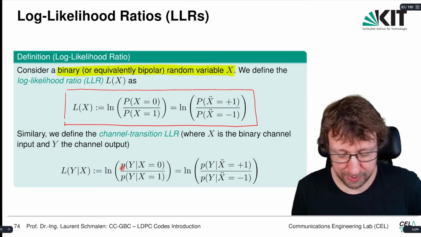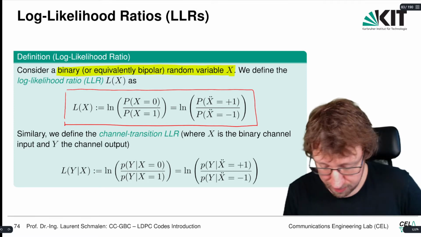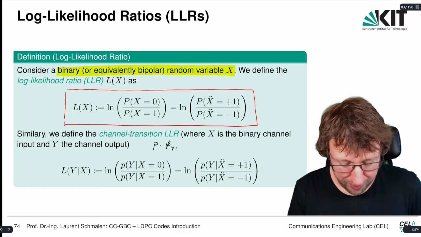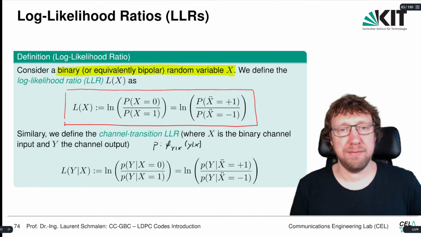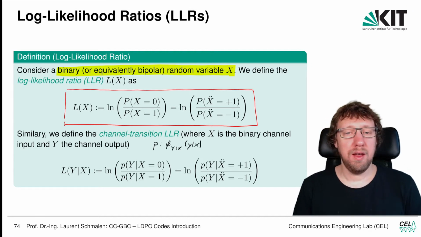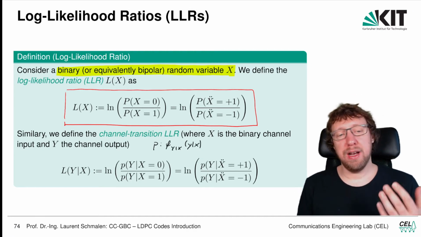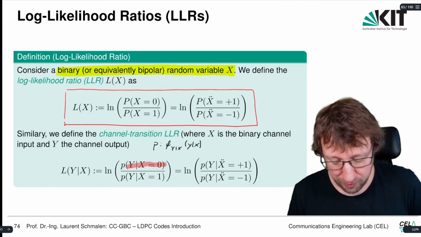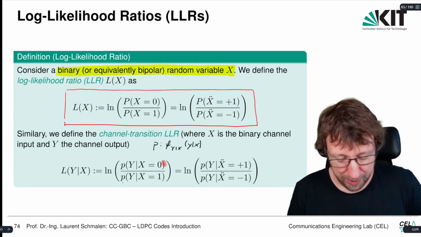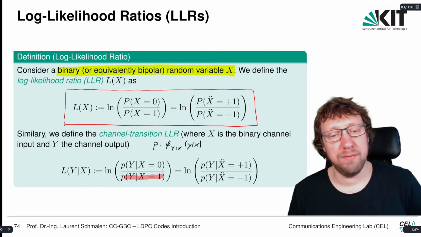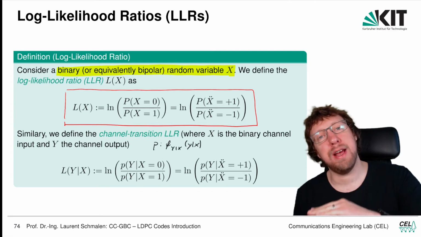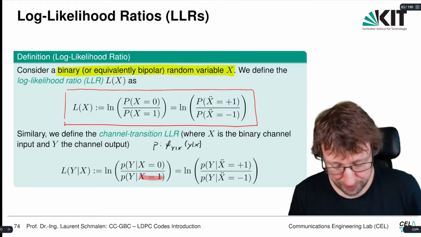So P is the PDF, something that we could denote as f of y given x of y given x. So we have the condition x equals 0 in the numerator, the condition x equals 1 in the denominator.